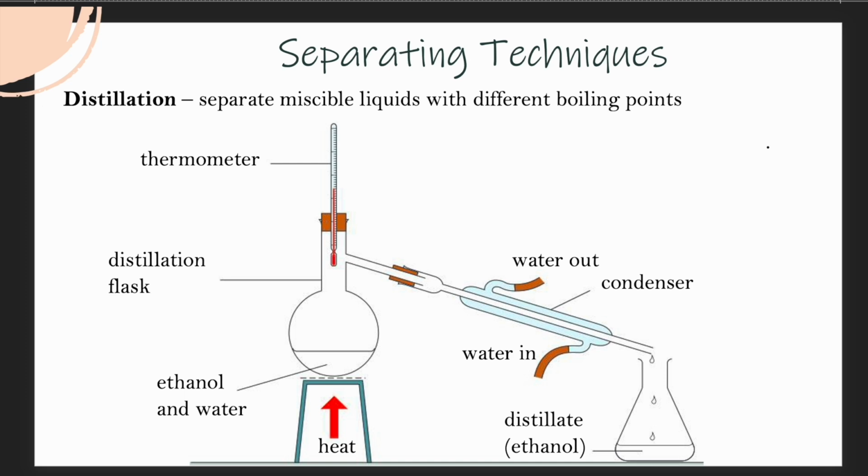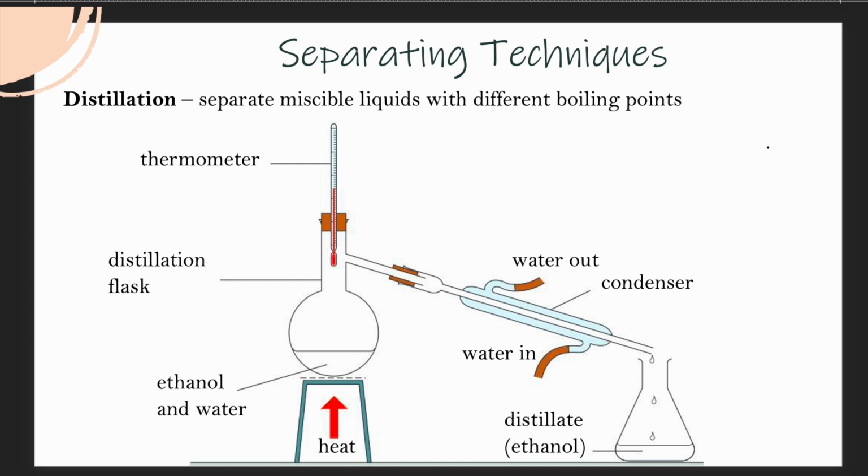Okay, so distillation is a separating technique that is used to separate miscible liquids with different boiling points. Miscible means that they combine. You can't differentiate them. Ethanol is a transparent liquid, the same with water. So you can't see the separation of ethanol and water in a distillation flask, right?